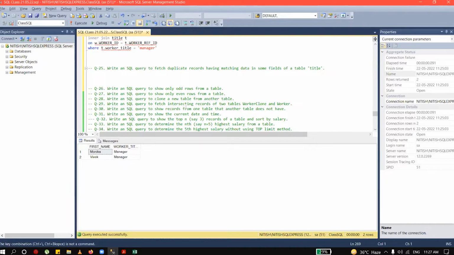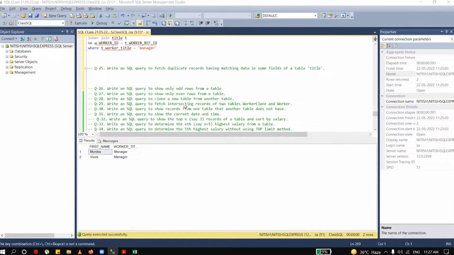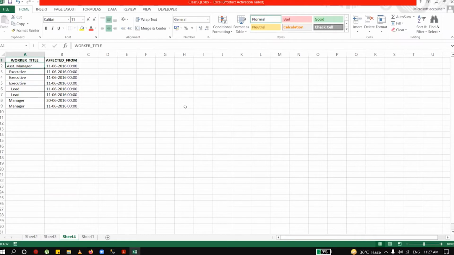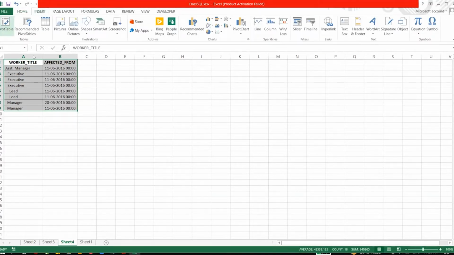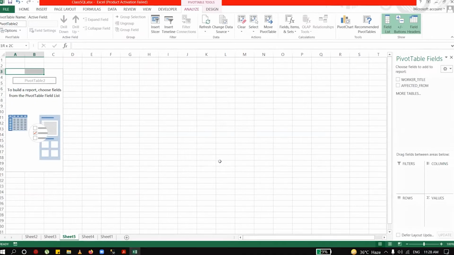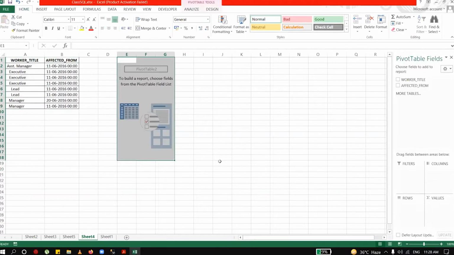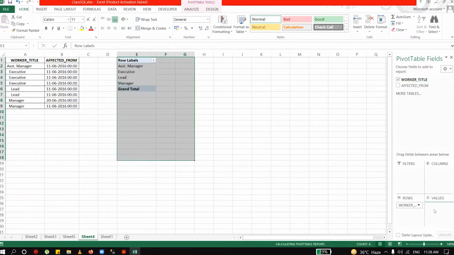For this, what are we going to use? We are going to make use of the group by on the title. If I do a group by over here, the pivot table looks like this. And over here, I will write down working title and title.